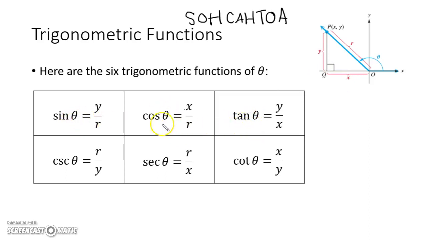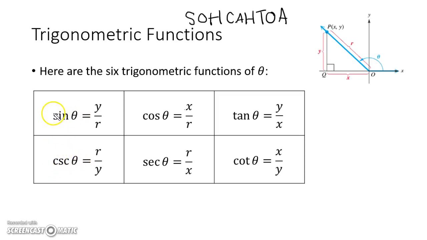These 3, sine, cosine, and tangent, are your main trigonometric functions. These are probably the ones you're most familiar with and most comfortable with. These are the ones we use the most because their opposite functions are just the reciprocals of those functions.